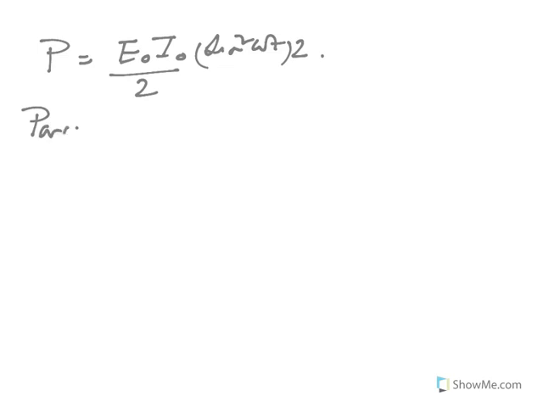So power is written as E0 I0 sine square omega t. So we can divide by 2 and multiply by 2, and find out P average.